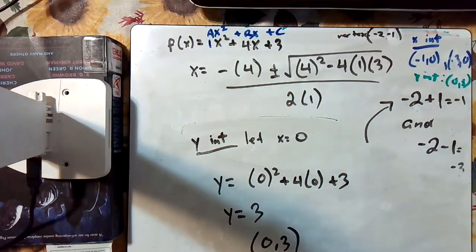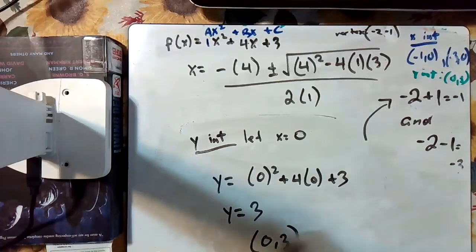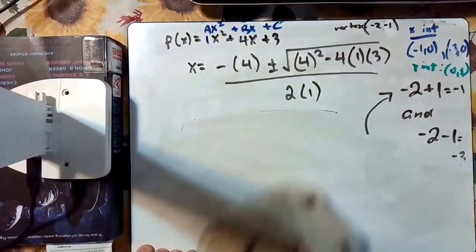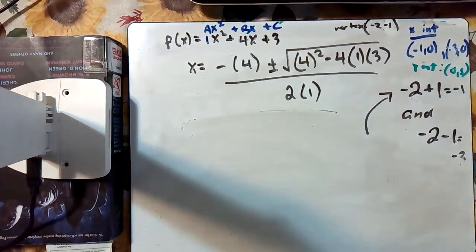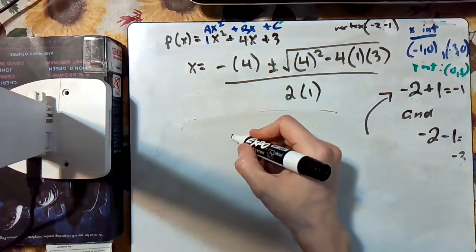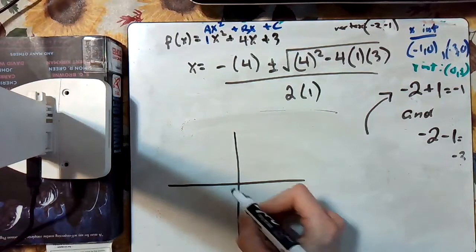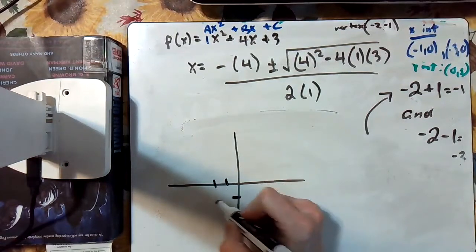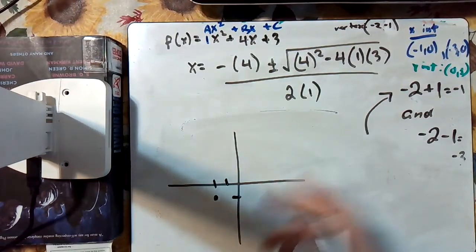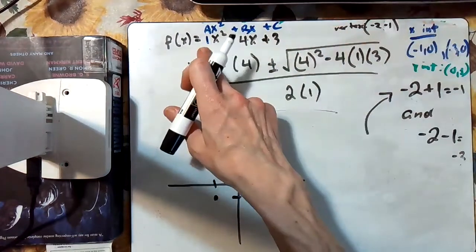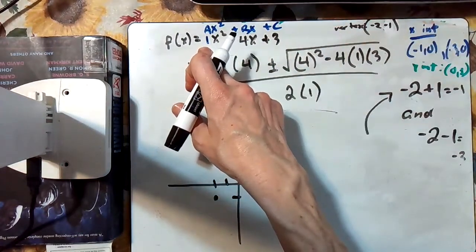And now let's graph this. So the vertex was (-2, -1). And we said it was going to open upright because a was positive, in this case 1.